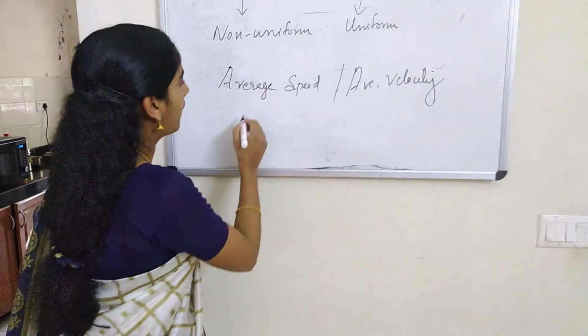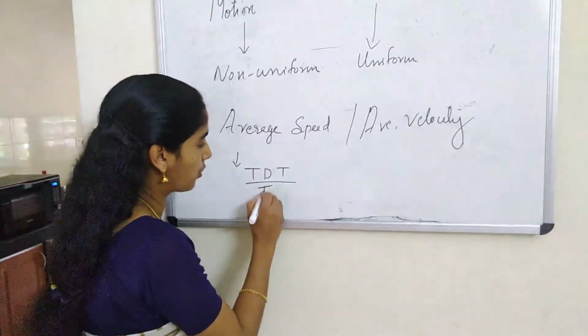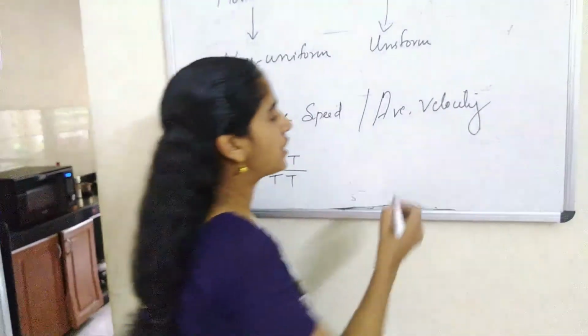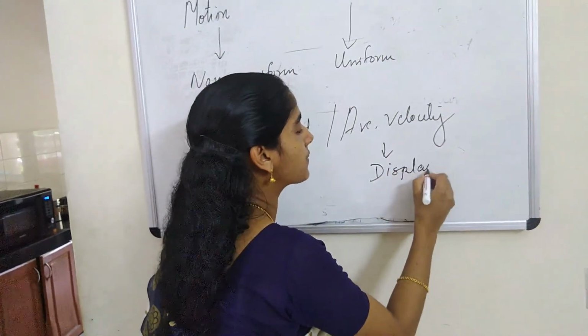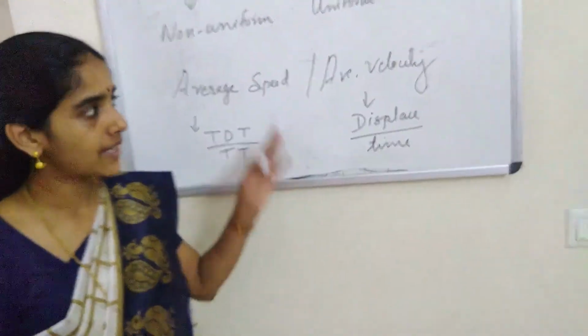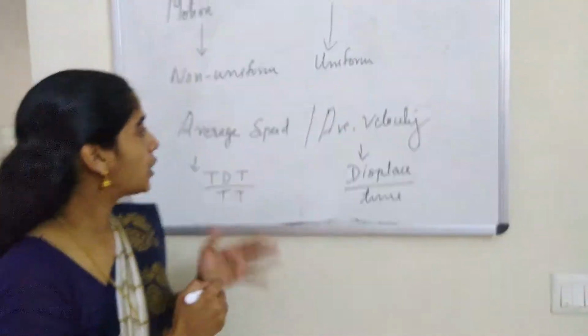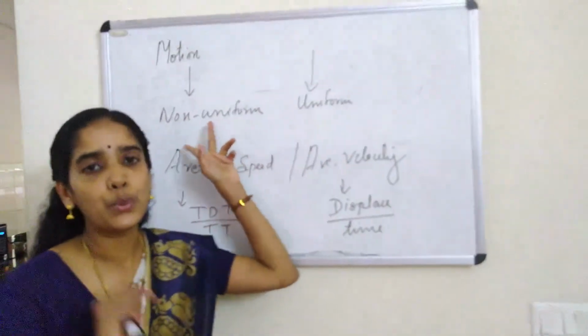The equation for average speed is total distance travelled by total time. And for average velocity, it is simply total displacement by time. And how to apply this in situations, that we will see. We need to understand average speed and average velocity when the motion becomes non-uniform.